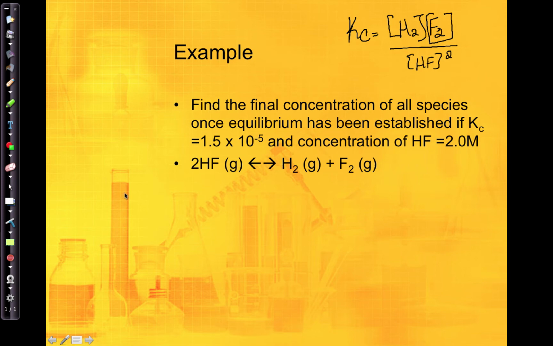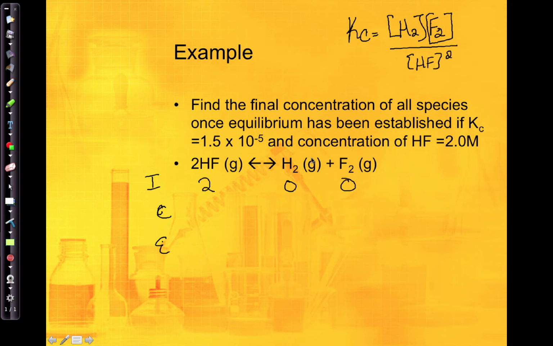So now let's look at our ICE table. Okay, so initially the concentration of HF was 2. That's our reactant. Remember, if the products are not given, you can assume that it's going to be 0 for the initial concentration.